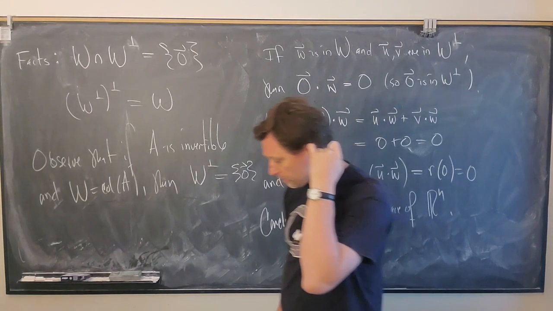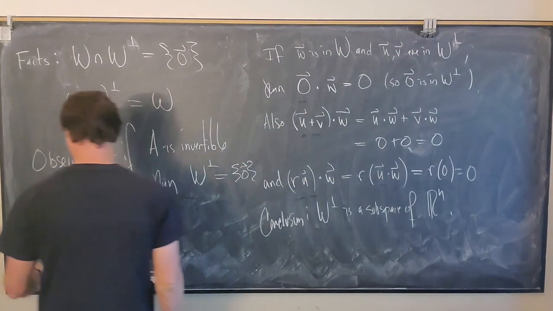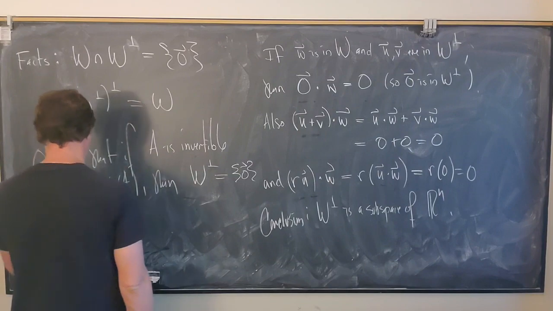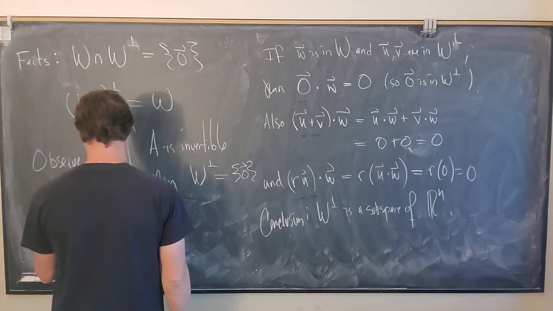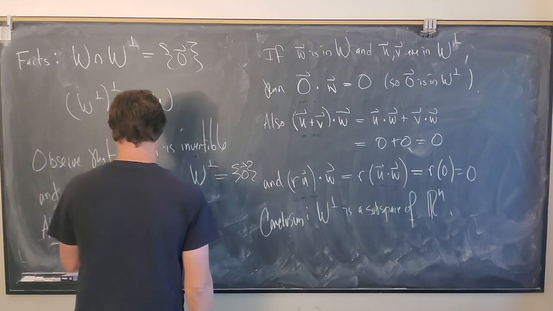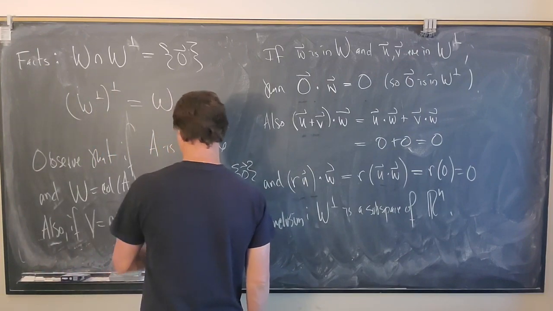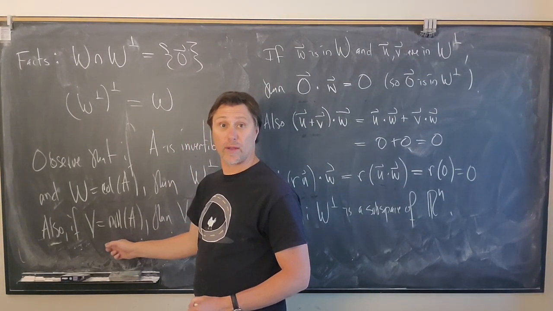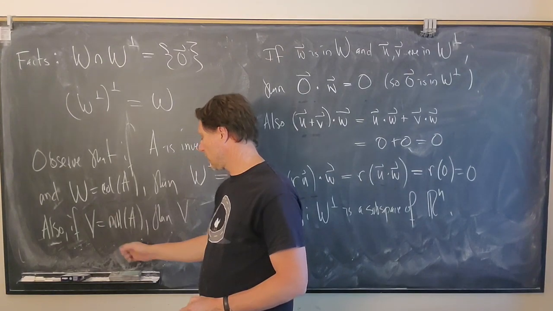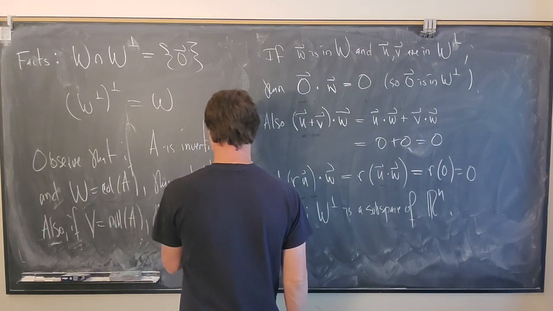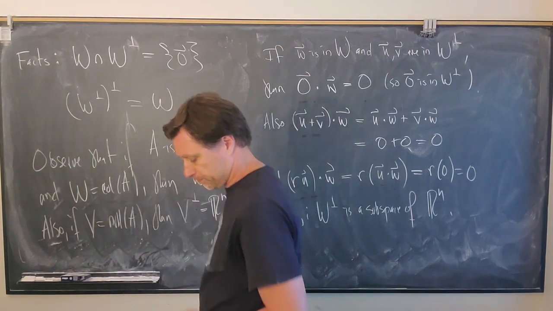And also, if V equals the null space of A, then, well, let's see, if A is invertible, then the null space consists of just the zero vector, only the trivial solution. So that means that V perp is equal to all of Rn.